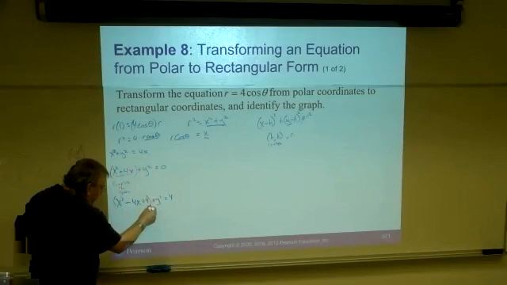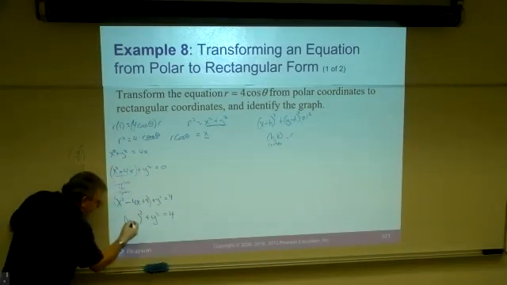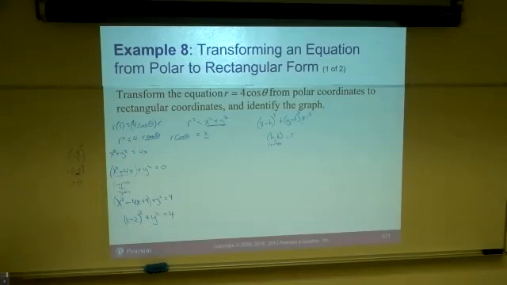I divided the -4 by 2 to get a -2, because that tells me that's a -2 in there. And there I completed the square.